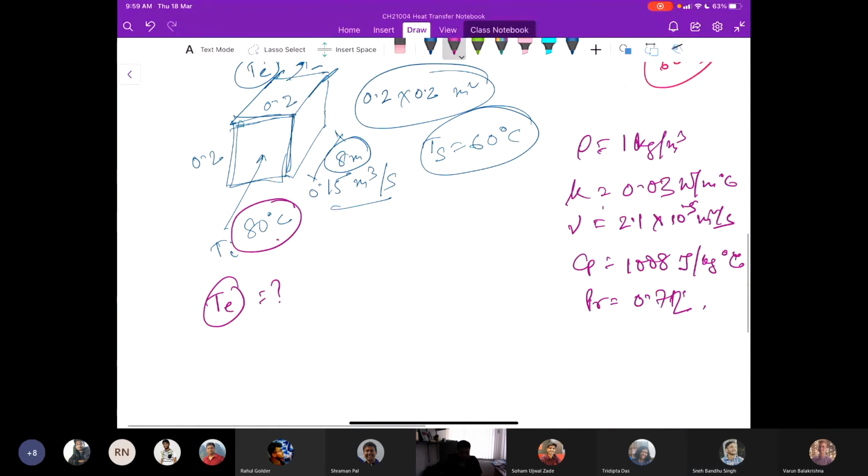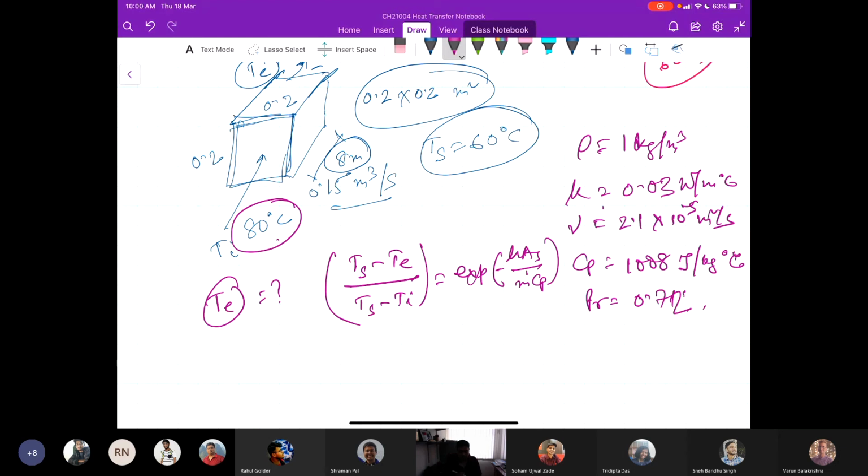The expression, for those who forgot, they can remember: Ts minus T exit divided by Ts minus Ti equals exponential of minus hA_s by m dot Cp.